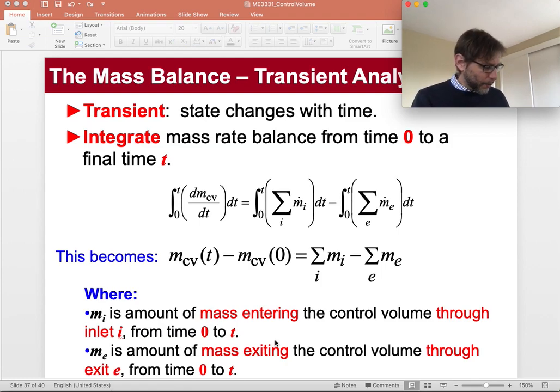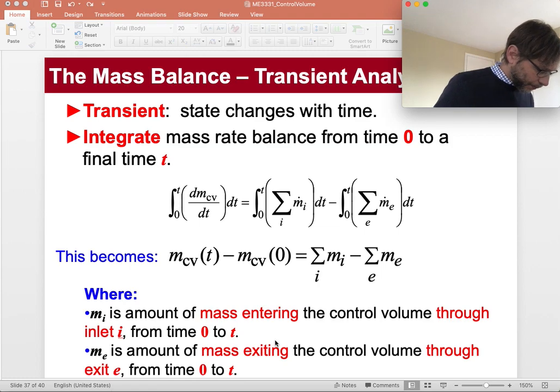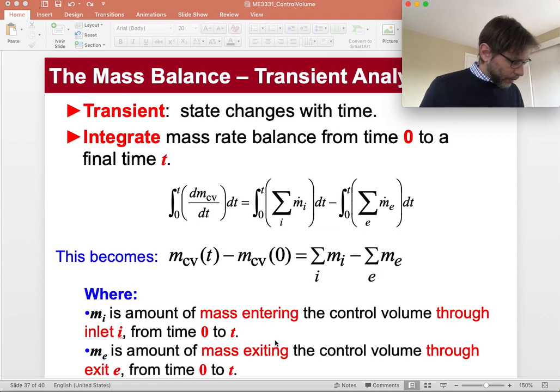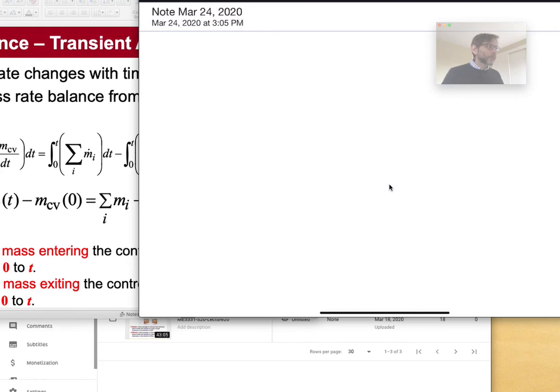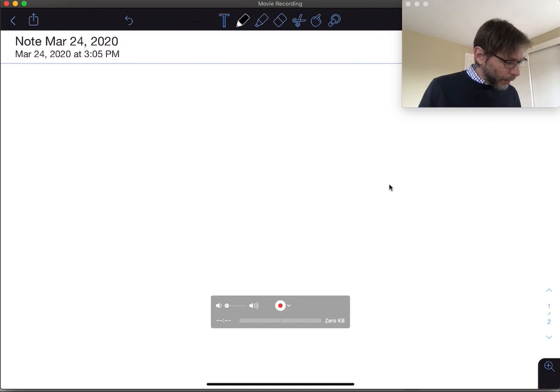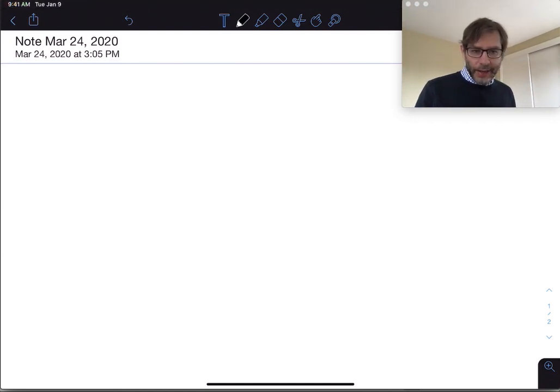You think, what kind of problem might exhibit this sort of feature? Let me get my notepad back up here. A really classic example is when you're blowing up a balloon.